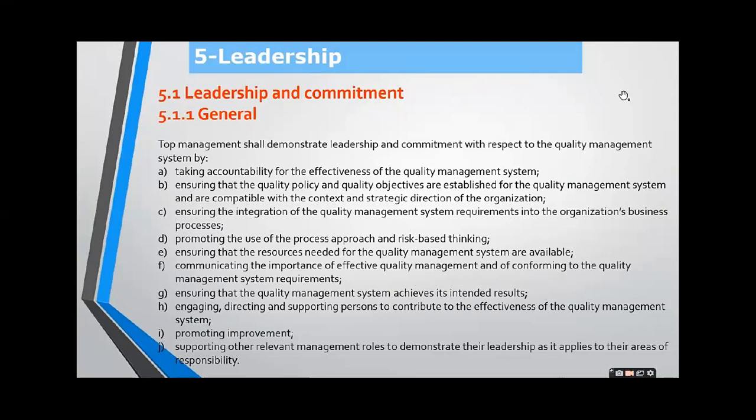So, in a nutshell, if I just go to the review of this clause, it underscores the very important role of top management in establishing a quality-focused culture and driving the success of the QMS. So leadership commitment is fundamental to the effectiveness and continual improvement of the quality management system.